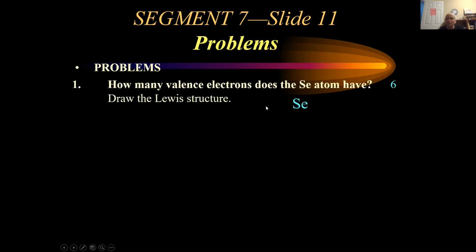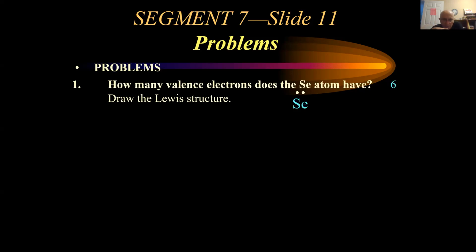If I wanted to draw a Lewis structure, remember how we did that? That was on your quiz. We would do 1, 2, first 2 go paired up, remember? That goes into the s orbital. Remember the valence shell on the outside is an s orbital and 3 p orbitals.